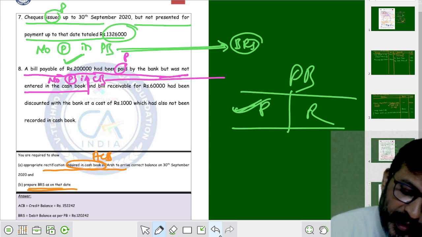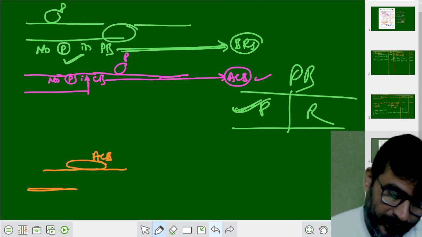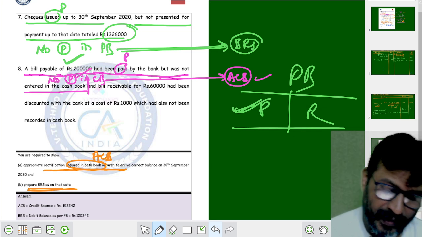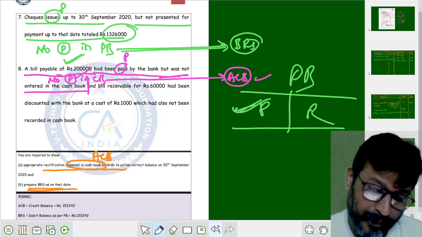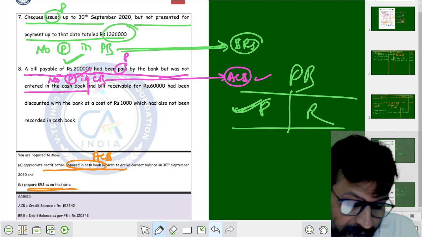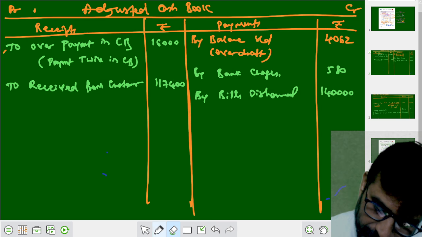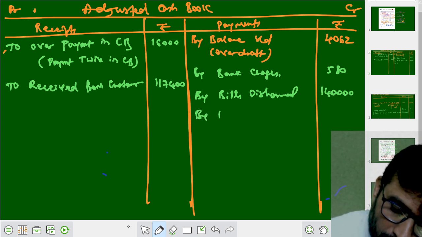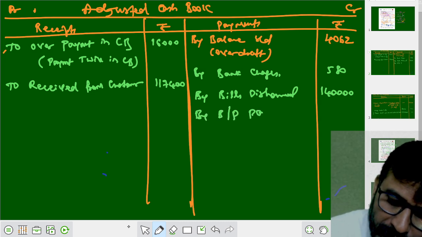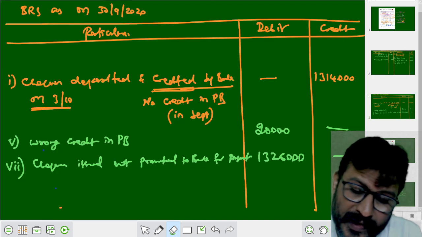When there is no payment in the cash book, it comes in ACB. What side? On the same side, the credit side. When there is no payment in the passbook, we take it on the payment side only. That is, by bills payable paid. How much bills payable paid? It is of rupees 2 lakhs.